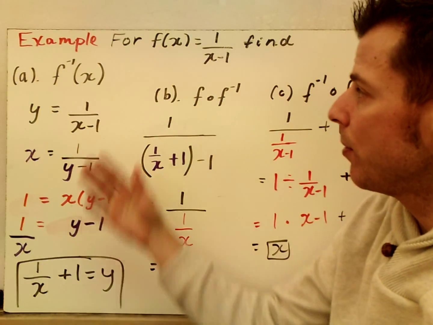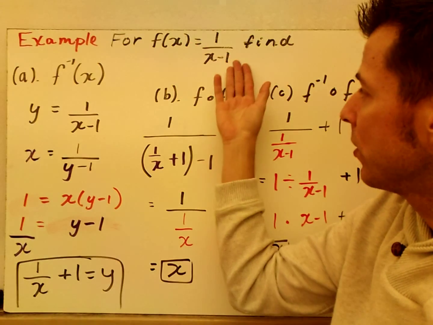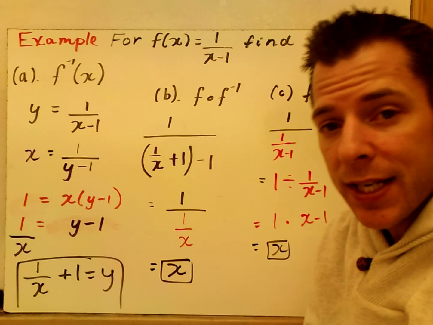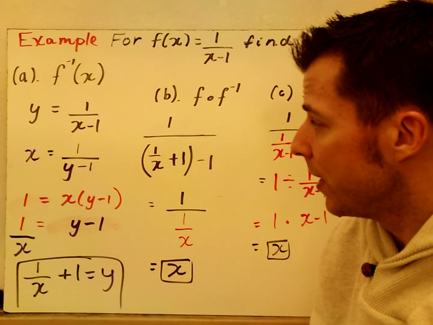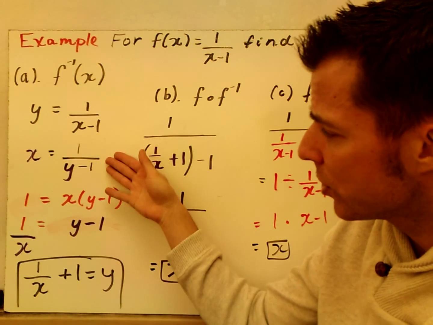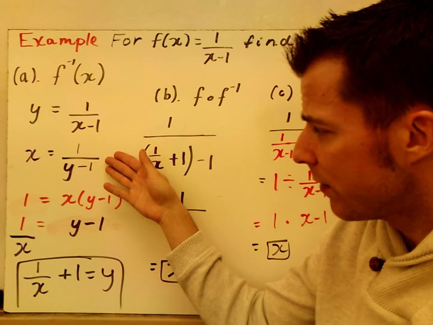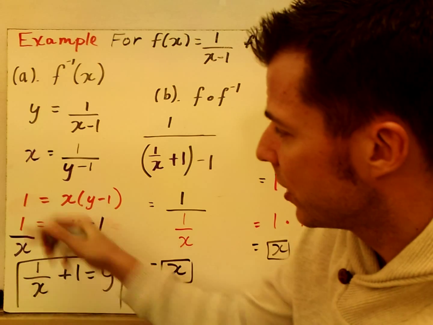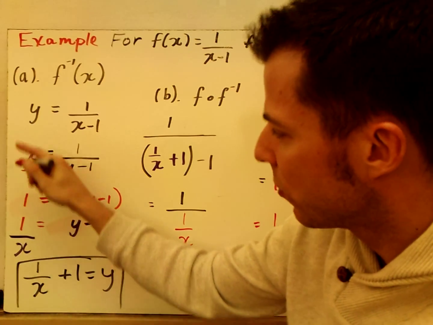Last example, we have a couple parts here. You have for this function 1 over x minus 1, find the inverse, and then see if they are inverses of one another. So like before, you switch x and y, and you resolve for y. Now this is a little more challenging. So what I did here is I set up a proportion, and you don't see that here. It's very subtle, and I cross multiply.